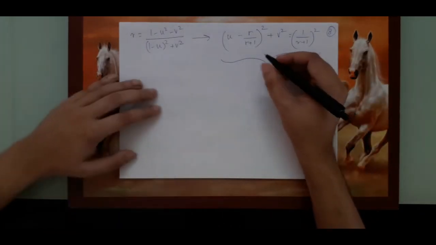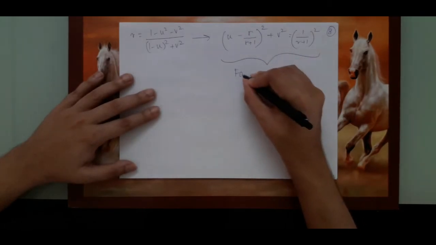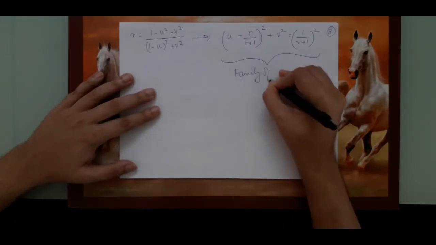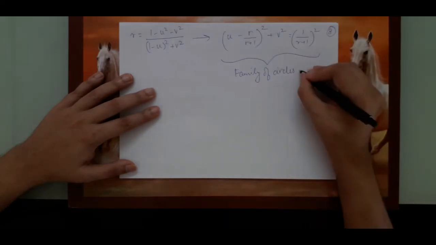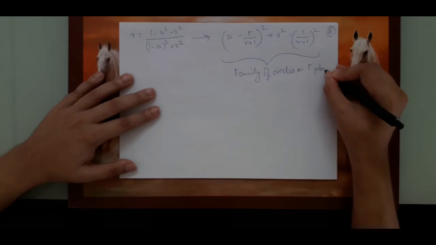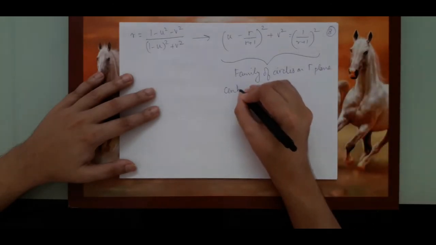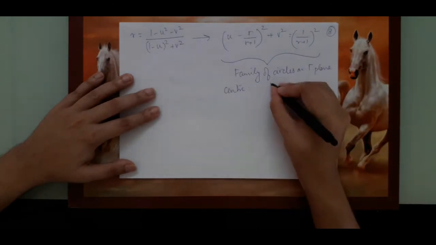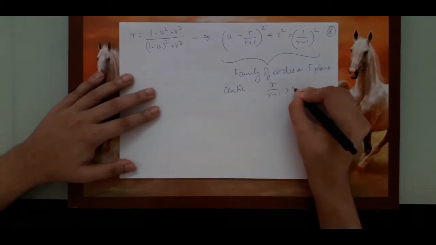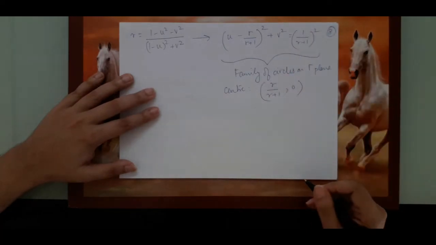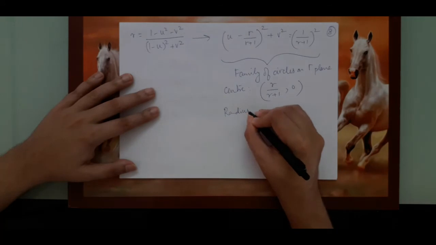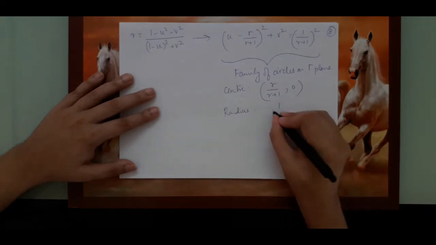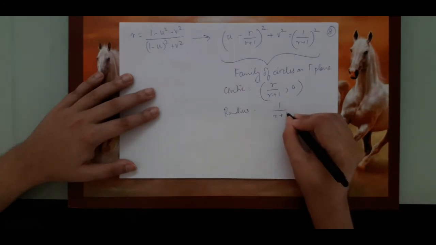Or I should not say circle, I should say a family of circles, because R can be anything, on the gamma plane, whose center is R by R plus 1 comma 0, because this has no minus term. And the radius is 1 by R plus 1.